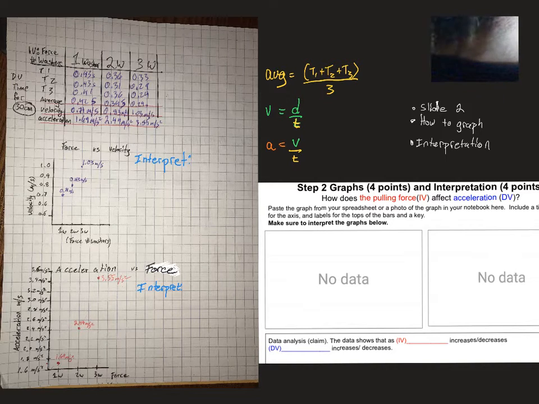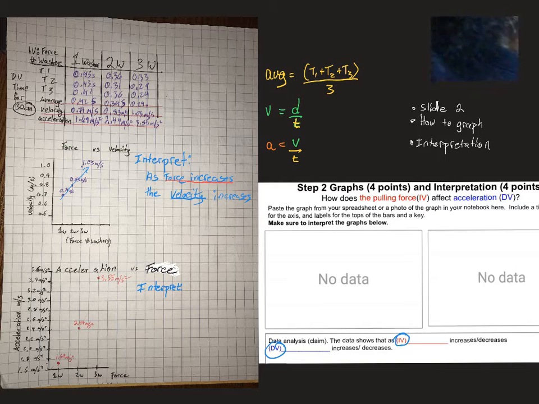I can interpret my graph and say, as force, that's my independent variable, increases, the velocity, that's my dependent variable, also increases quite a bit. Each point is going faster and faster.